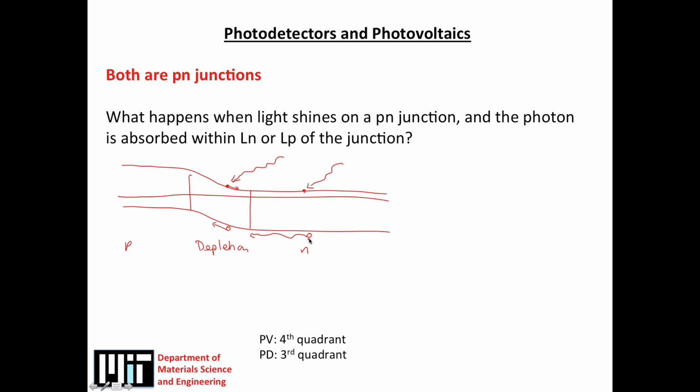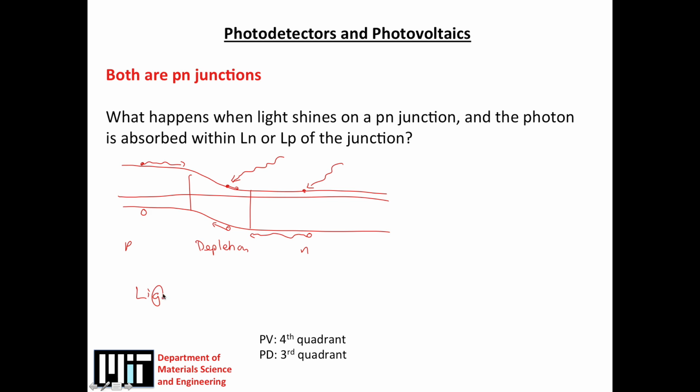So it's the minority carrier which can contribute to the reverse current in the p-n junction, and therefore contribute to the external current that we're picking up from the photogeneration of these carriers. Similarly, in the p side, it's the electron that can diffuse, and if it makes it to the depletion region, we're going to create some drift current.